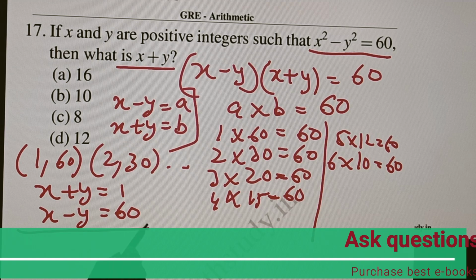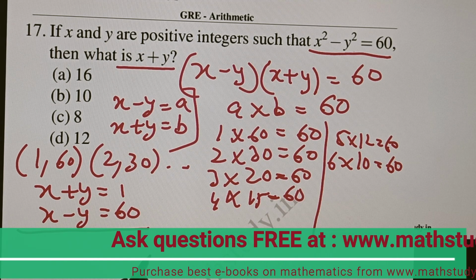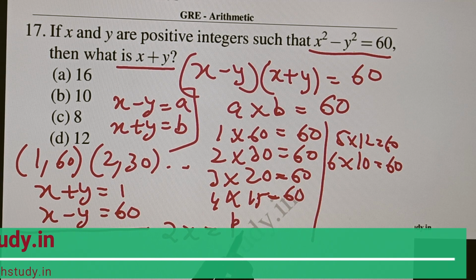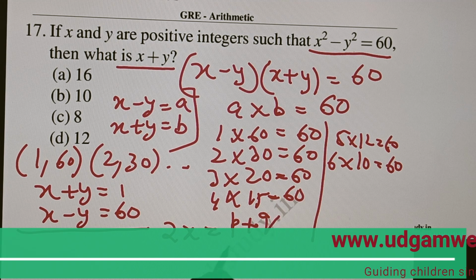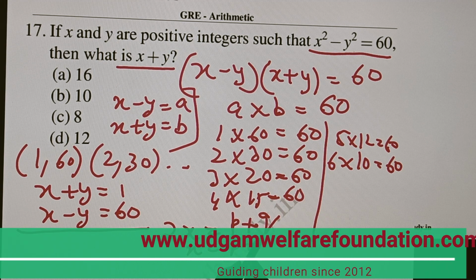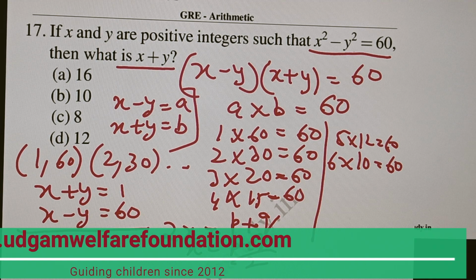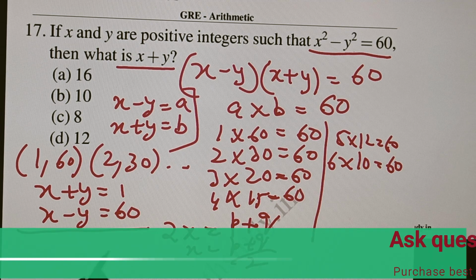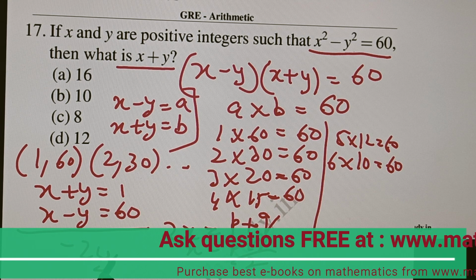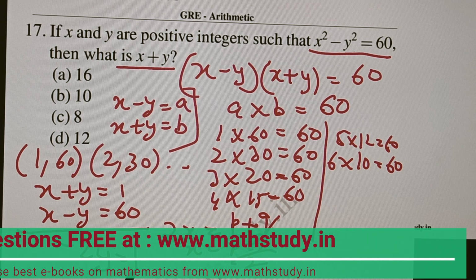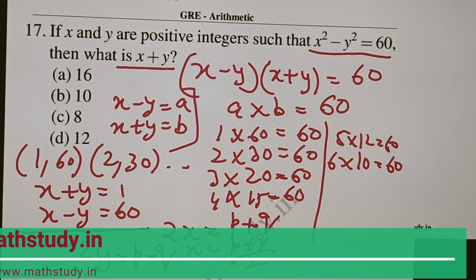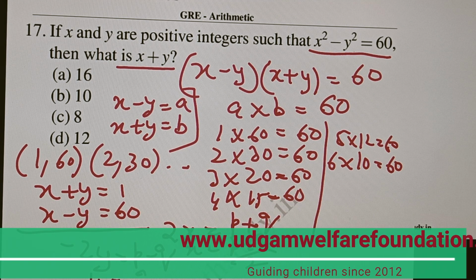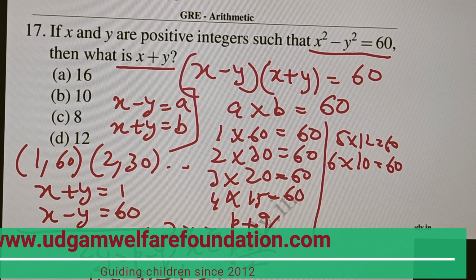Once we add these equations, what we get is 2x equal to the sum p plus q, so x equals (p plus q) by 2, right? Similarly, if we subtract these equations, we get 2y equal to q minus p, or we can say y equals (q minus p) upon 2.